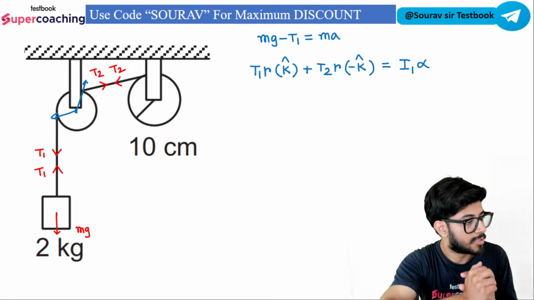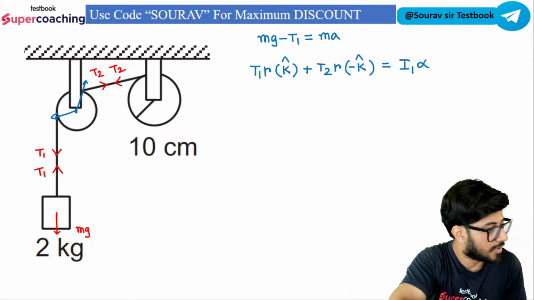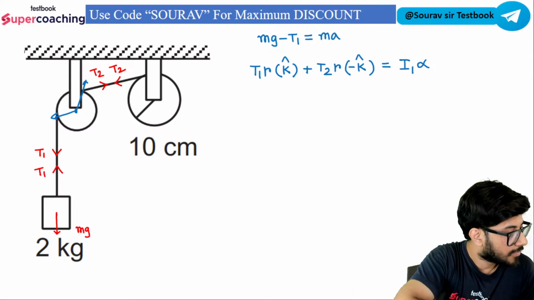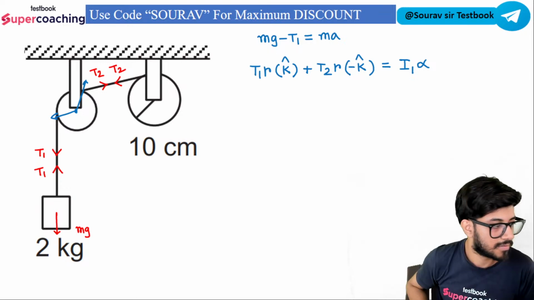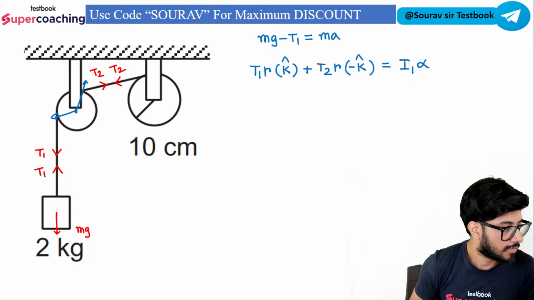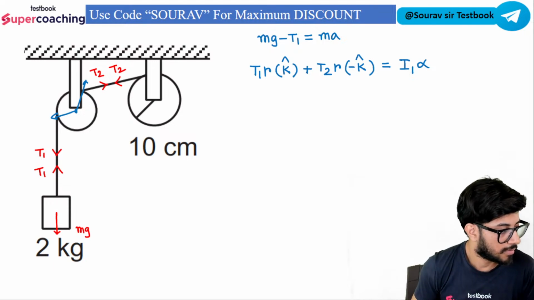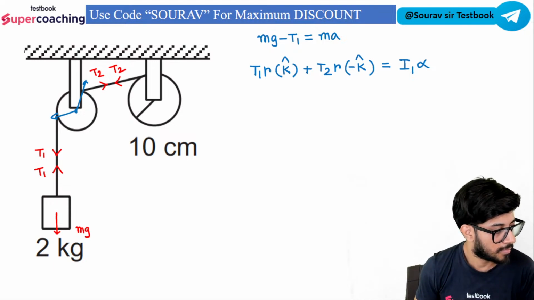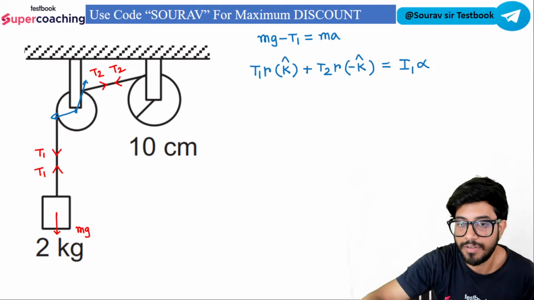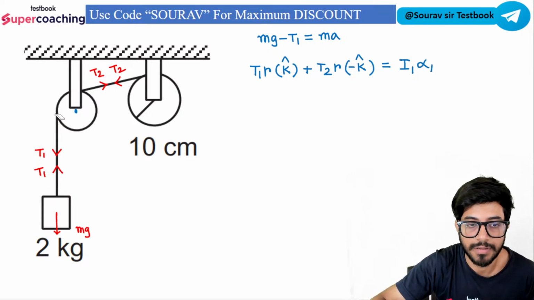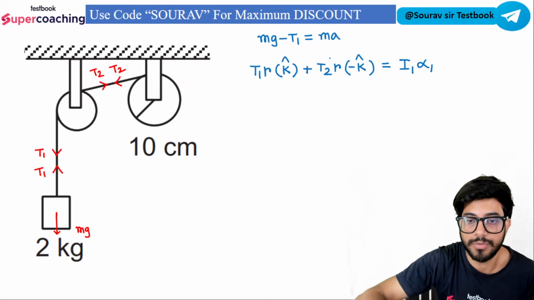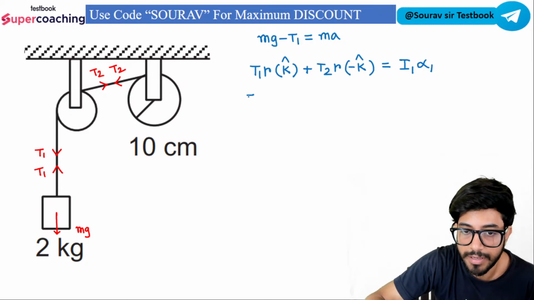So of course both of these pulleys will have different angular accelerations. What do you say? Do you agree that both of these pulleys will have different angular accelerations? So let's write it as alpha 1, the angular acceleration for this pulley. We will write it as alpha 2. Fine. So what I'm getting finally from here.